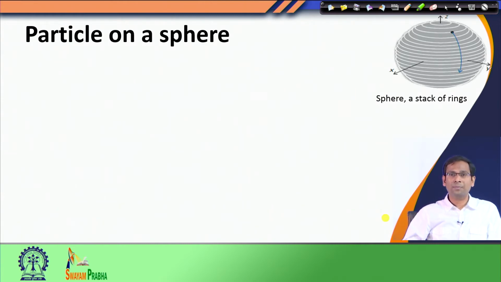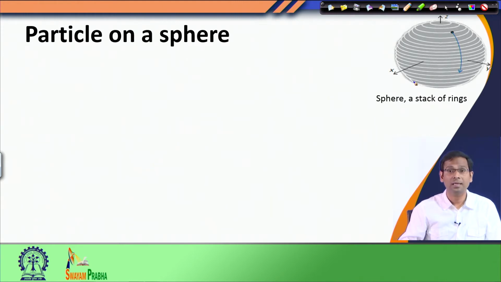which is that when you imagine stacking a number of rings above each other, you can imagine constructing a sphere in this way. While the particle was in a ring, its movement was restricted to one xy plane, where the z axis was non-operational, because for a fixed value of z, the particle was moving around the xy plane in a circular path.